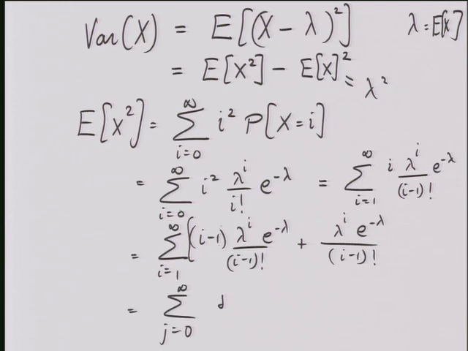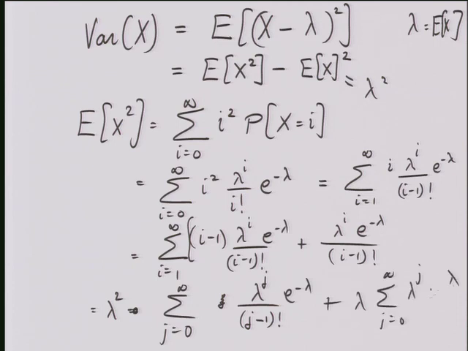So we get j minus 1 factorial. We can pull out lambda squared from here, lambda to the j e to the minus lambda, plus over here we pull out lambda times summation j equal to 0 to infinity lambda to the j e to the minus lambda over j factorial.